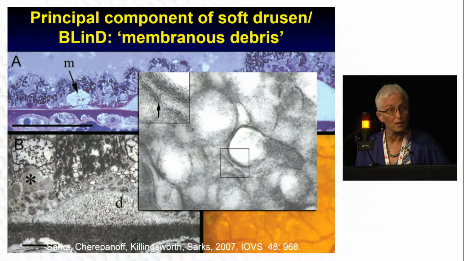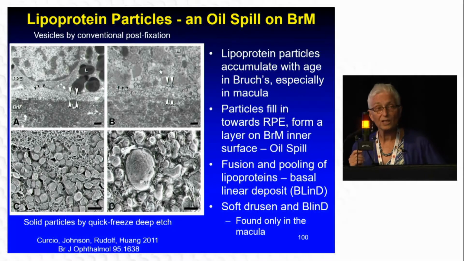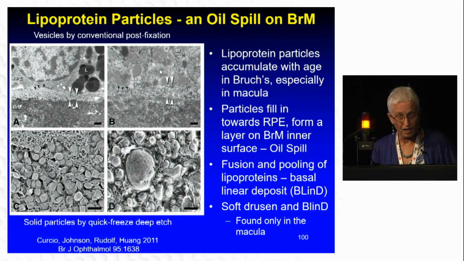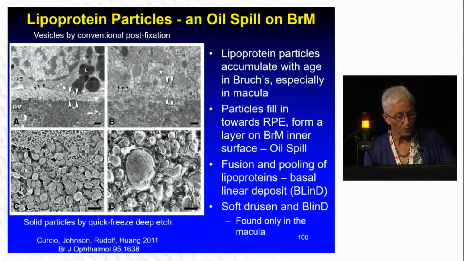It does look like membranes. But if you use appropriate lipid preservation techniques, you can see that what looks like membranous vesicles in conventional EM are actually solid space-filling lipoprotein-like particles by quick freeze deep etch.